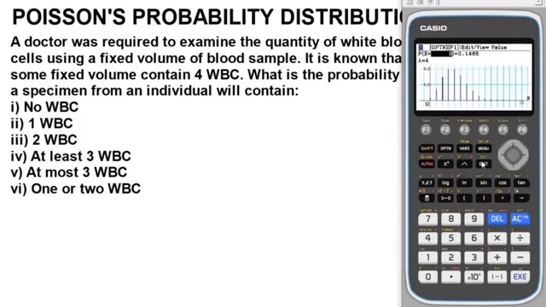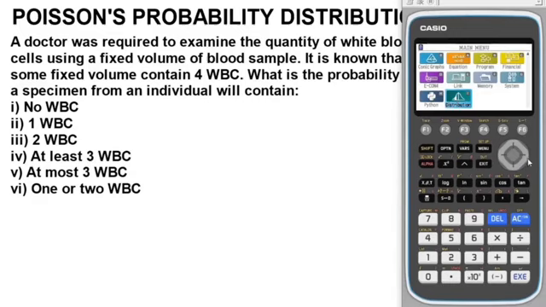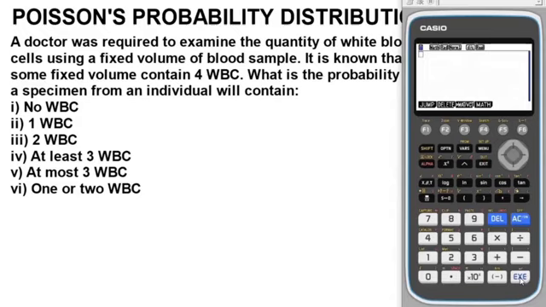Right now, let's add the 2 values. Press exit, go to menu, go to run matrix, press execute. Okay, so let's add the 2 values. The first one we got to be 0.0732.